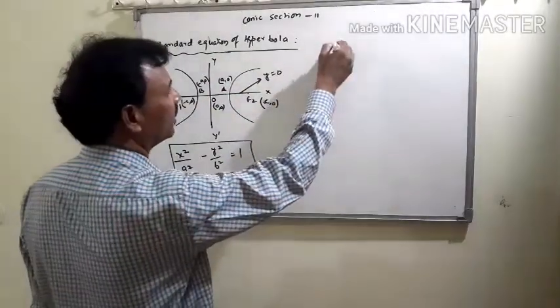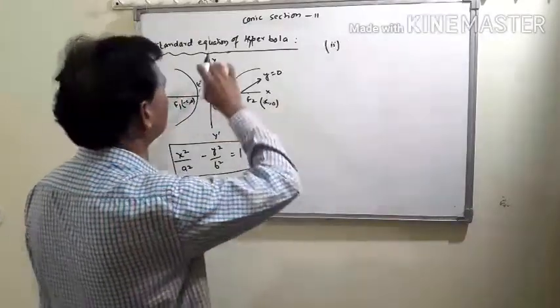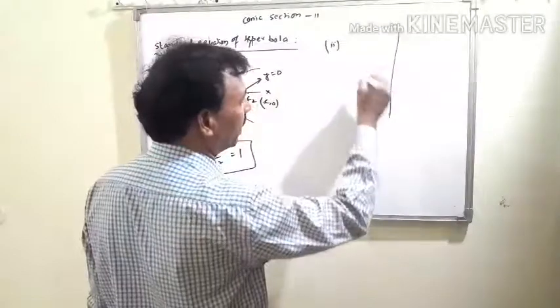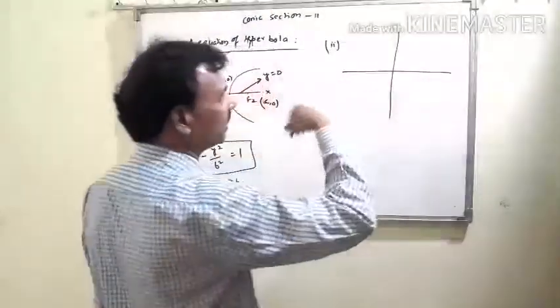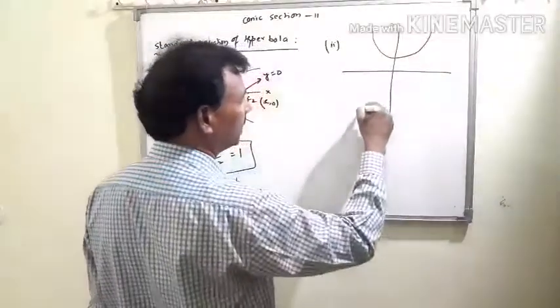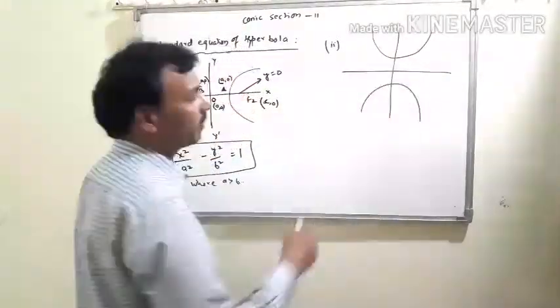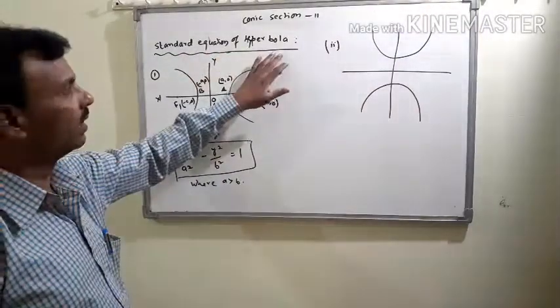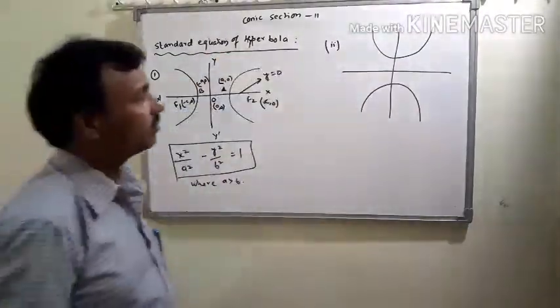Now we will discuss the second type of standard equation of the hyperbola. Here the equation of the hyperbola is along the y-axis in the coordinate system, then this type of hyperbola is known as the second type of standard hyperbola.